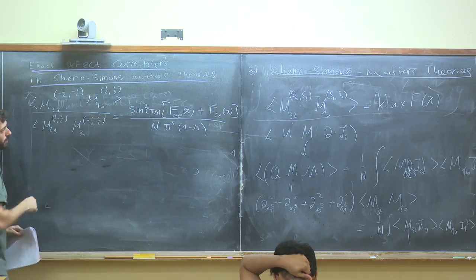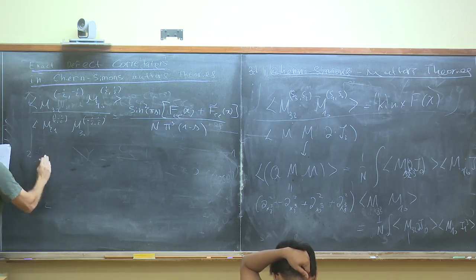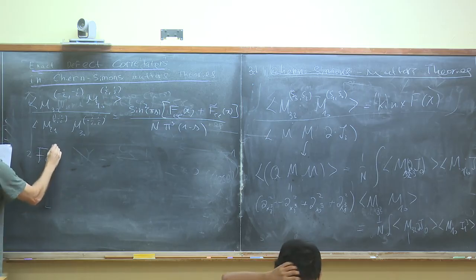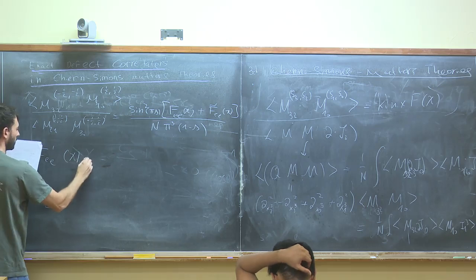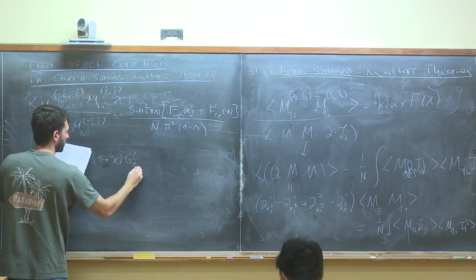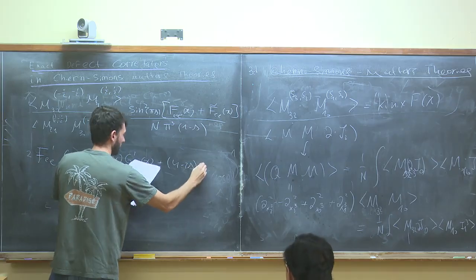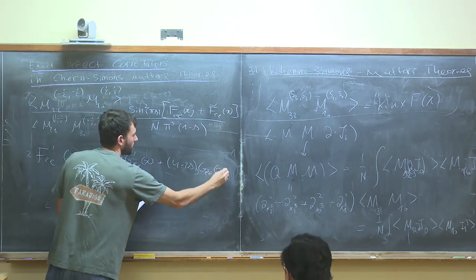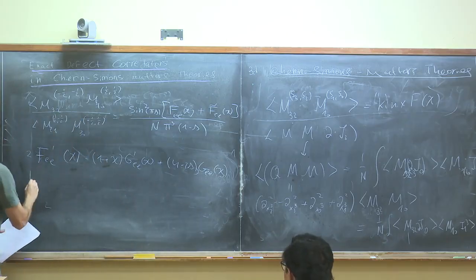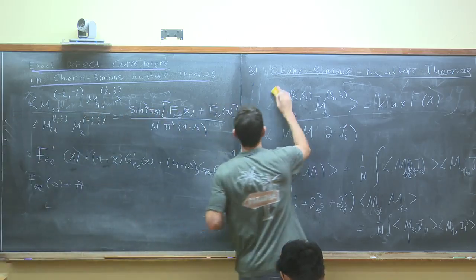So what are these functions, f and f tilde? f is given by the following differential equation: F_EE(chi) equals 1 plus chi G prime_EE(chi) plus (4 minus 2 delta) G_E(chi), with some boundary condition at chi equals 0. Let me not be precise about this.